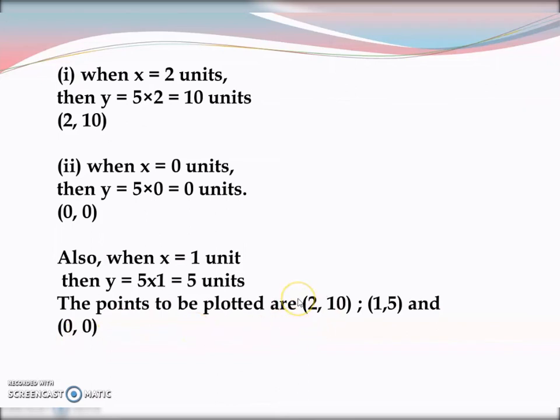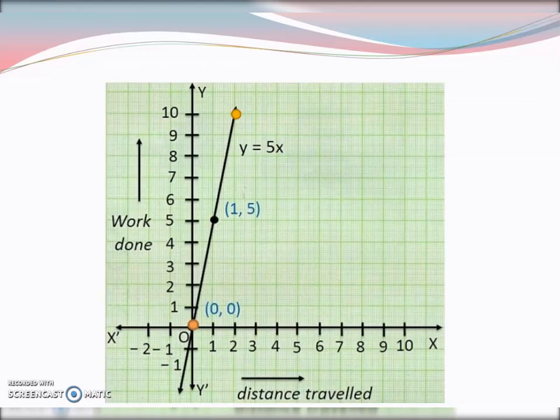These coordinates you can plot on the graph. On the y-axis we are taking work done, that is y, and this is distance travelled, that is x. So these are the points, and when you join them you will get a straight line.